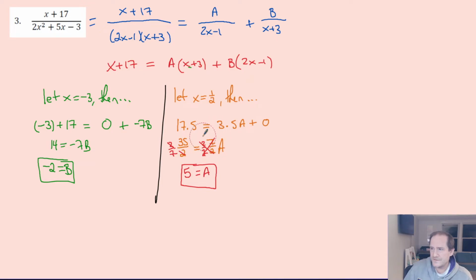So we can see this actually does come out cleanly, even though it involved decimals. So we just get 5. And that means our final answer is going to be 5 over 2x minus 1. And with a negative b value, we'll just say subtraction instead of addition. We'll say 2 over x plus 3.